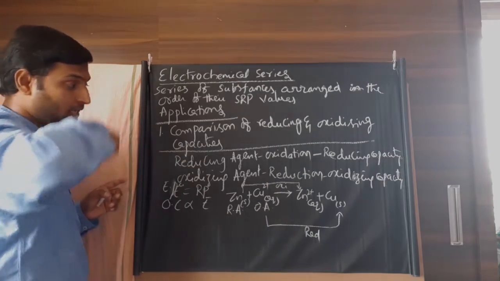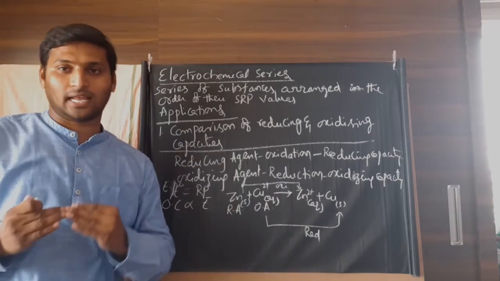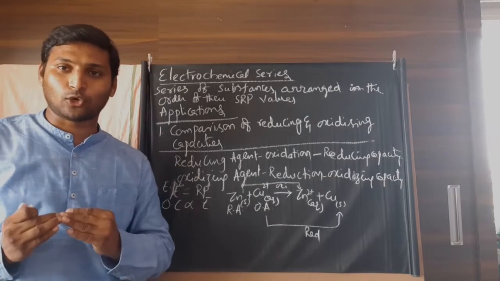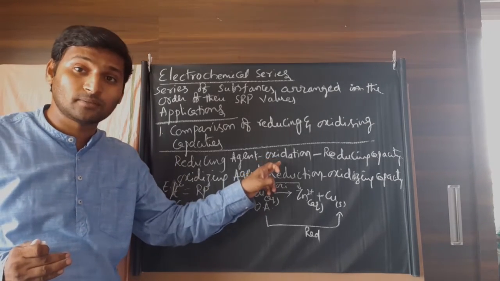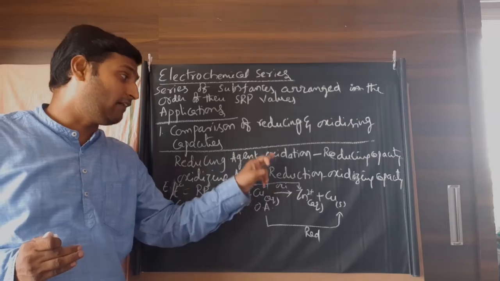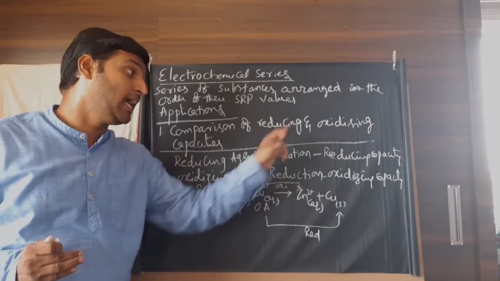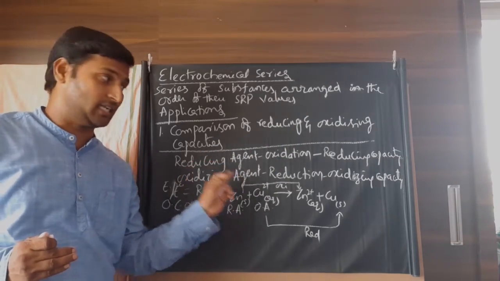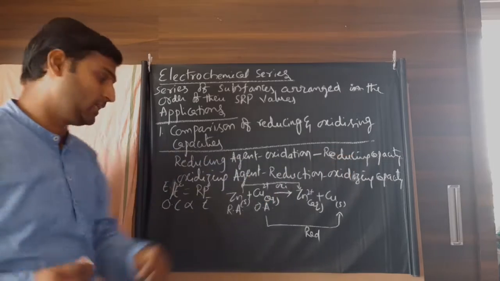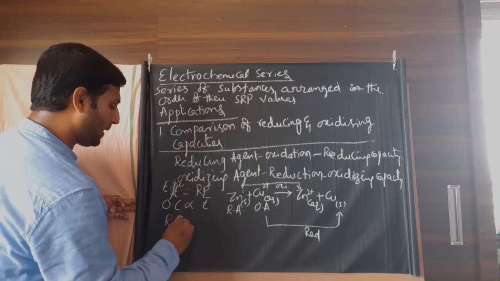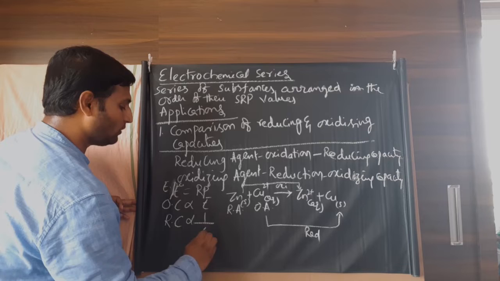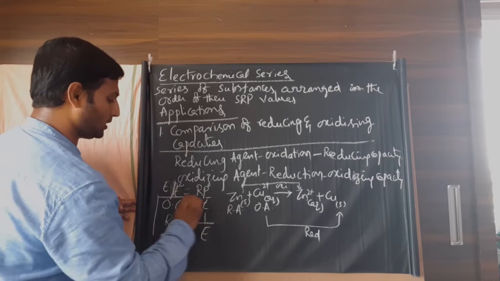On the contrary, the one having lower SRP value or lower electrode potential value readily undergoes oxidation. The one which readily undergoes oxidation acts as a good reducing agent, its reducing capacity is higher. So, reducing capacity of a substance is inversely proportional to electrode potential.